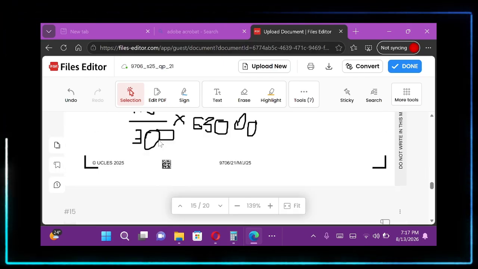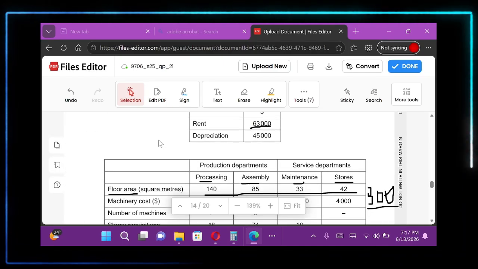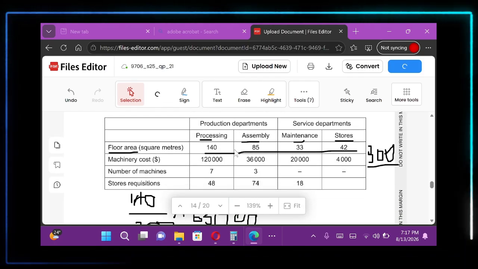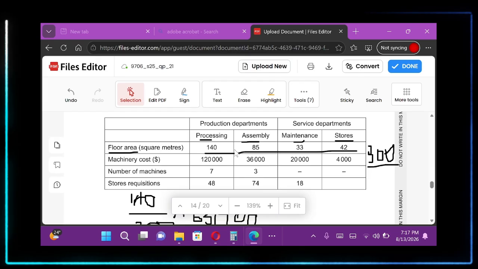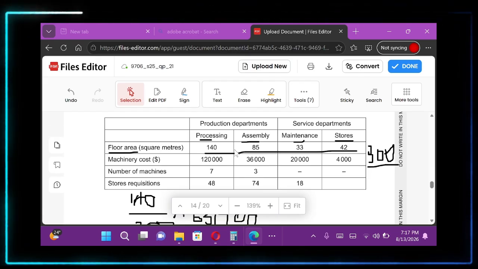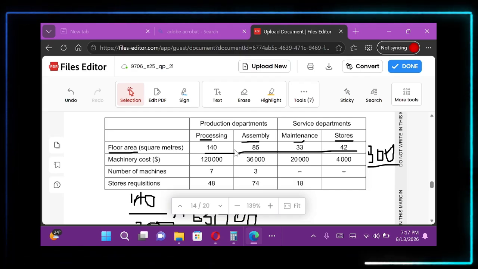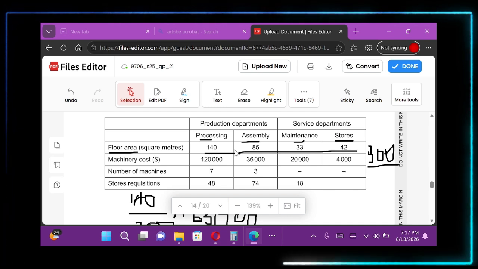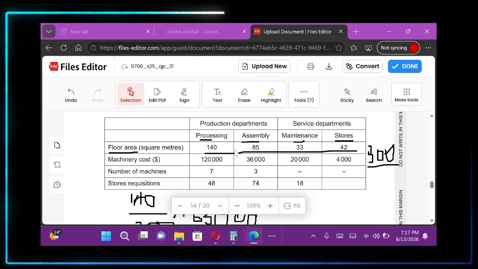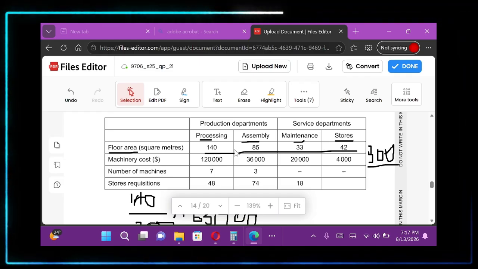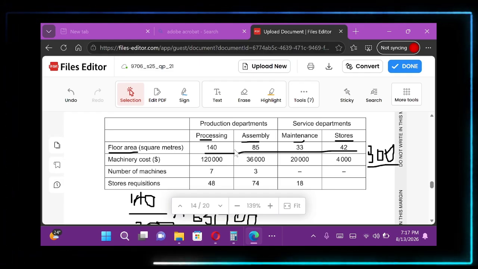Okay, now for depreciation, we follow a very similar method. Now, guys, what is depreciation? I think I explained this in a previous video, but if not, I'm going to make another video covering depreciation in more detail. Depreciation is the decrease in the value of goods over time.